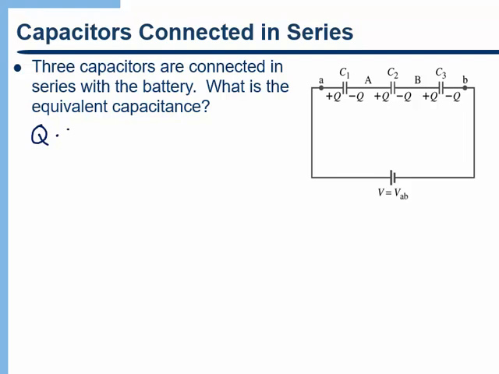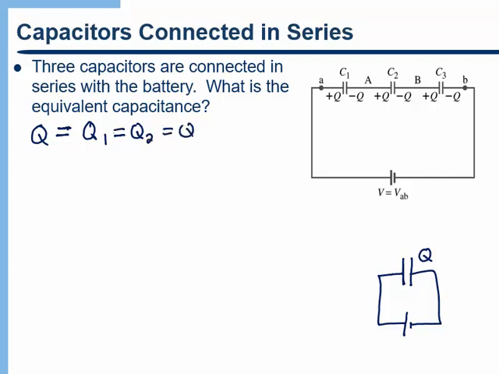And therefore, the one capacitor that I can replace those three with has to have a charge on it equal to the charge on each of those individual capacitors. So Q is going to be equal to Q1, and is going to be equal to Q2, which is equal to Q3.